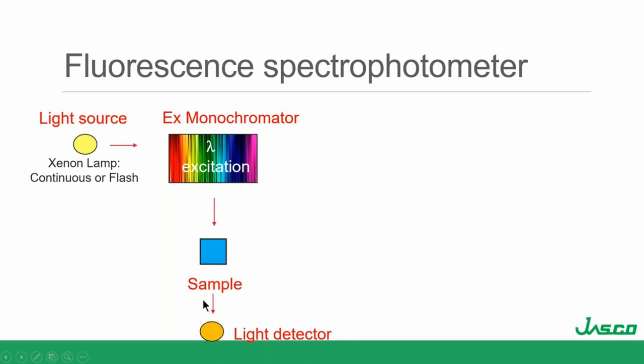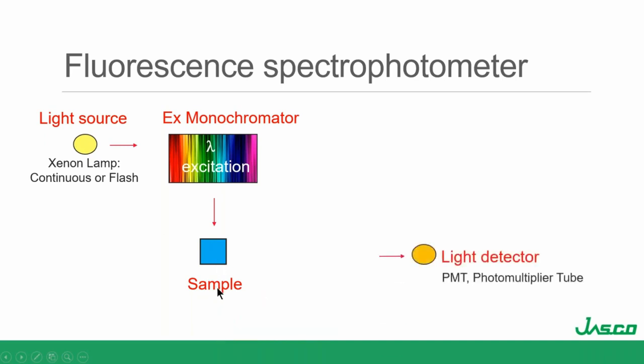Because all of the transmitted excitation light is coming through that way. That's not good. And to our advantage is that fluorescence is isotropic, so it's going out in all directions. So a better place to put the detector is going to be at 90 degrees because that's going to minimize any of that scattered excitation light. Well, you can tell we're missing something, right? It's detectors, especially photomultiplier tubes, right?